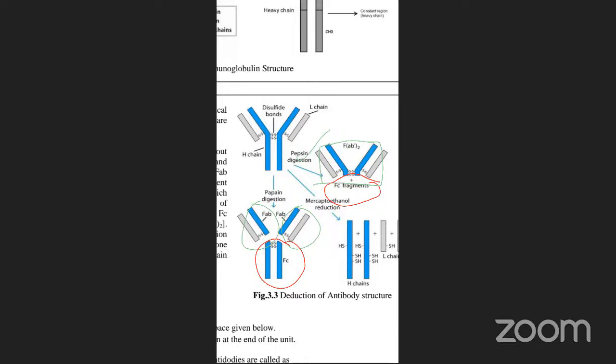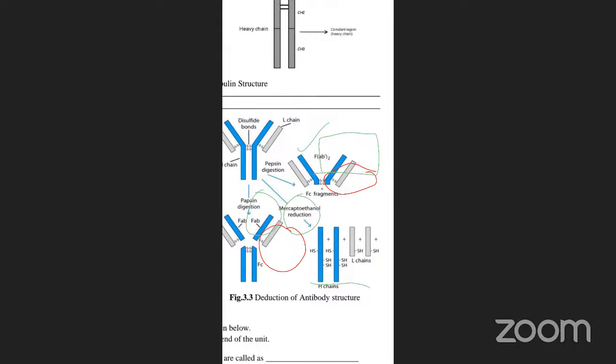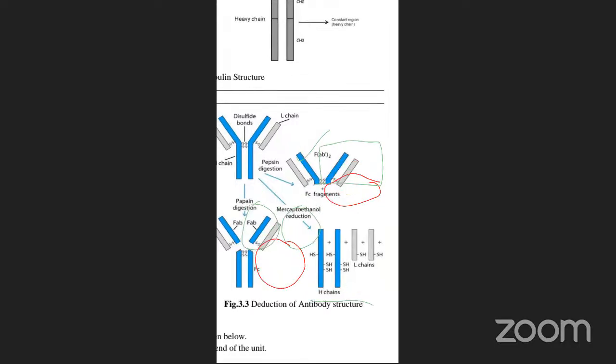Here, when it is digested by mercaptoethanol, all the heavy chains get separated and light chains get separated, irrespective of whether it is FAB portion or FC portion or whatever it is. So two heavy chains and two light chains, you are getting all of them separate. Is it clear?